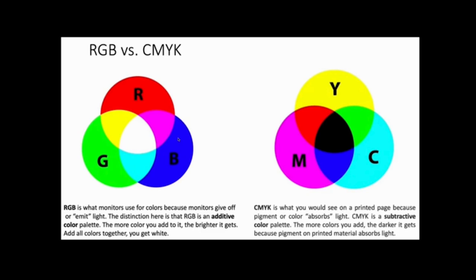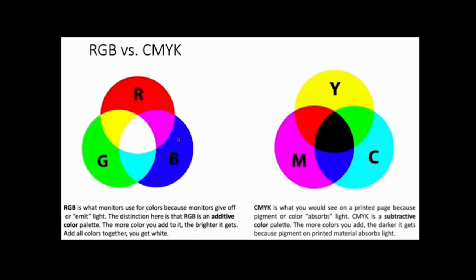Instead of emitting light or pushing through light, this one is really absorbing light. So it's called a subtractive color palette. And the more colors you add, the darker it gets because the pigment on the printed material absorbs the light.